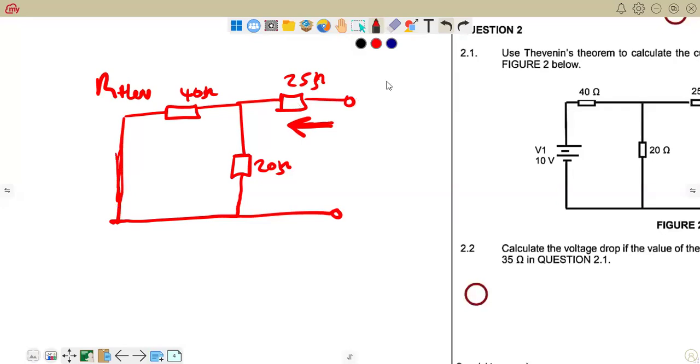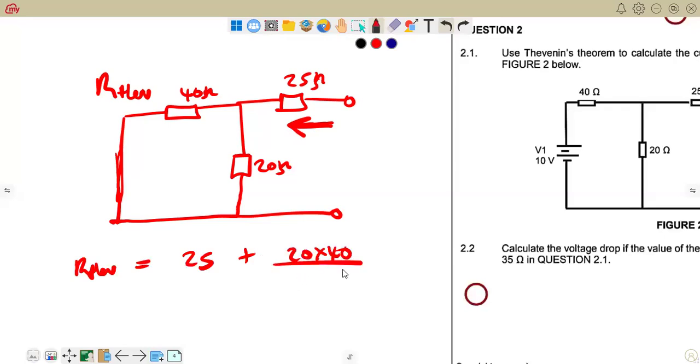replacing all voltage sources with a short circuit and, of course, current sources with an open circuit. So we have this as our circuit. So what do we get? RTH, therefore, is going to be equal to 25 plus 20 times 40 over 20 plus 40. Why are we doing so?